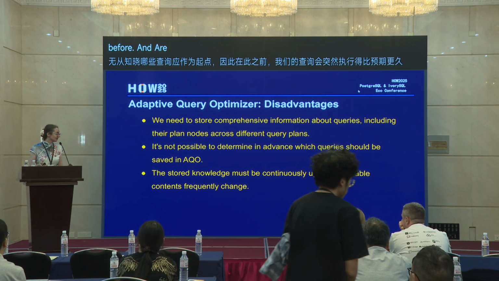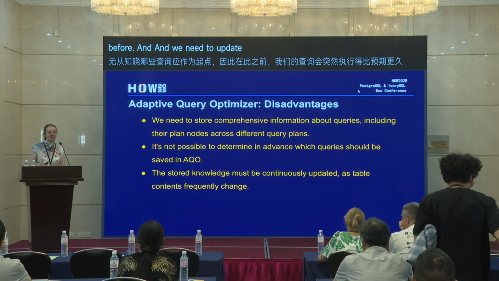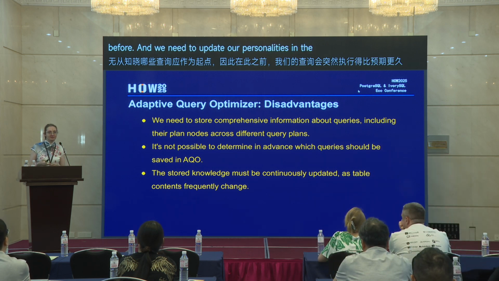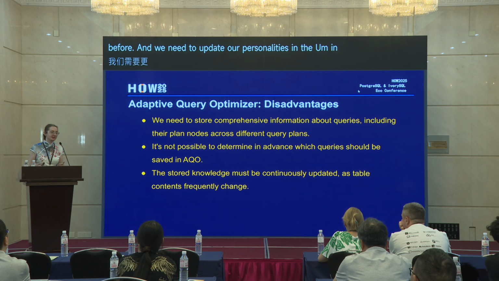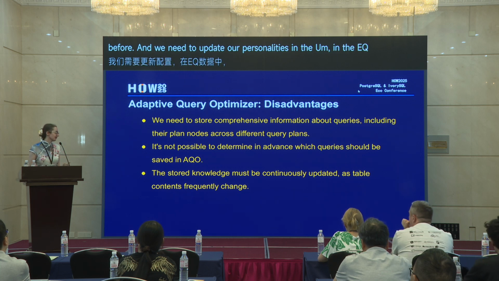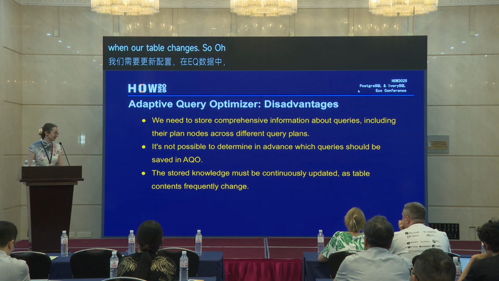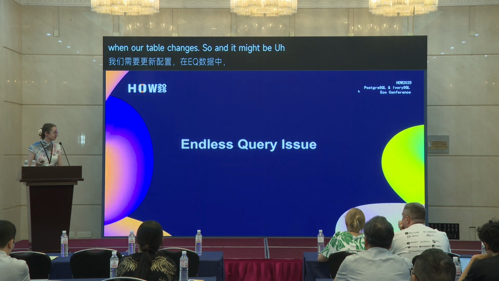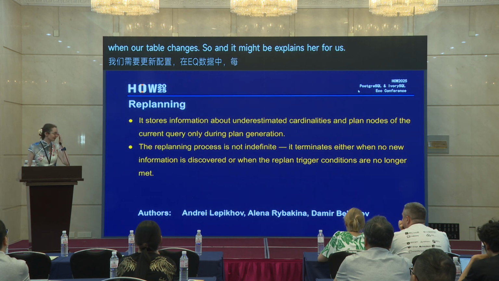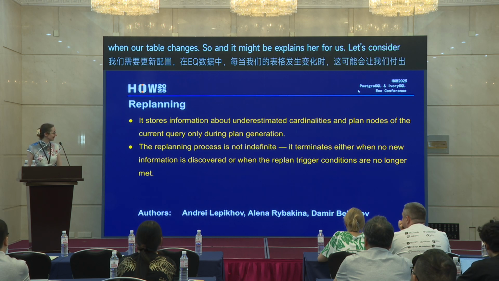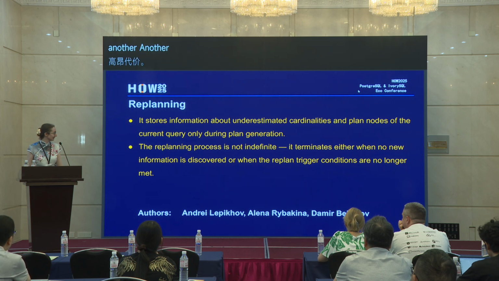And we need to update our cardinalities in the AQO data every time our table changes, and it might be expensive for us. So let's consider another solution, and it was replanning.